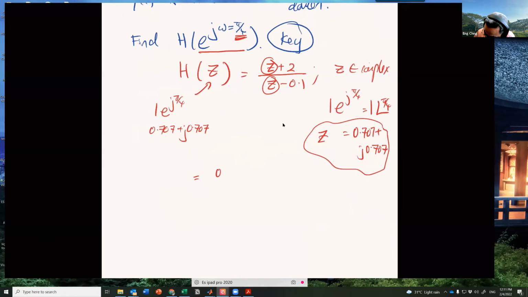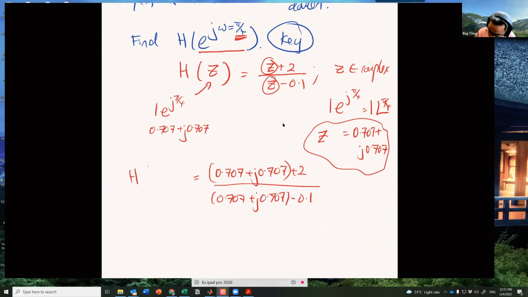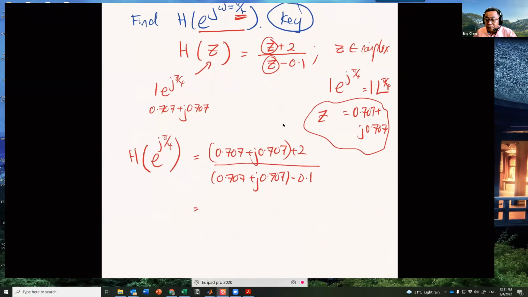Then you must do 0.707 plus j 0.707 plus 2, this is the numerator, and 0.707 plus j 0.707 minus 0.1 for the denominator. So basically you're solving for H when z equals e^(jπ/4). All right, let's find the answer.